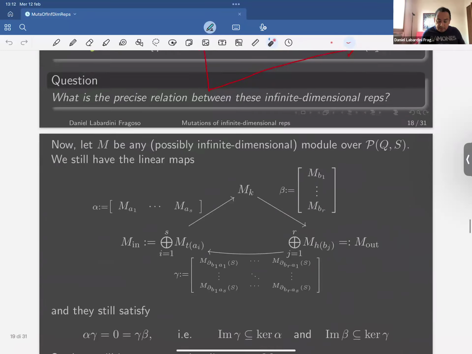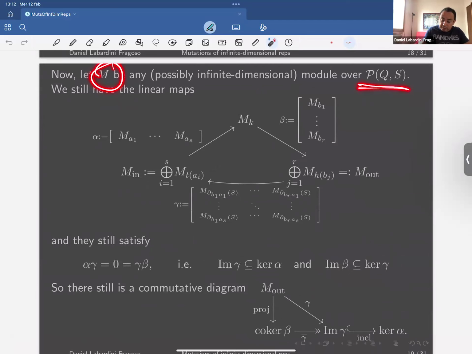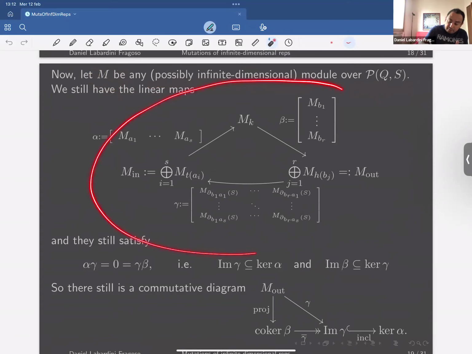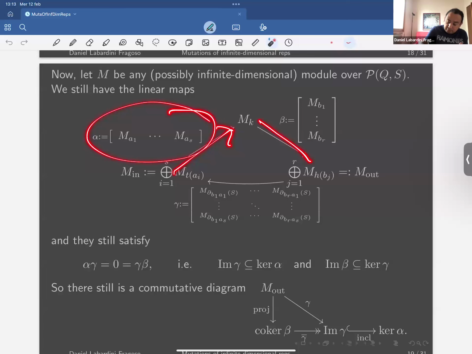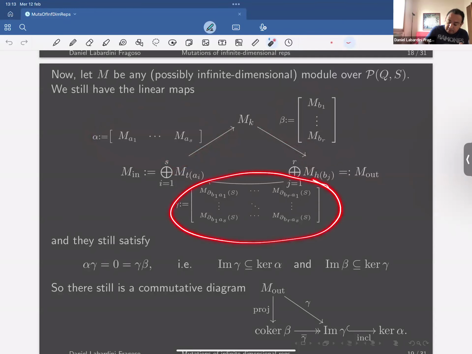Now how do we do it? Take any module over the Jacobian algebra, infinite dimensional or not, I no longer care. We can still assemble maps as before: the incoming map, the outgoing map, and the map arising from the second order cyclic derivatives.